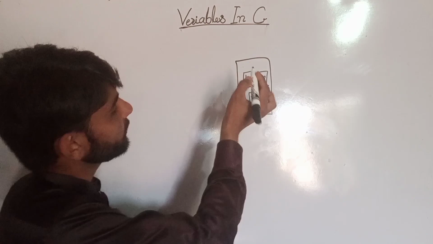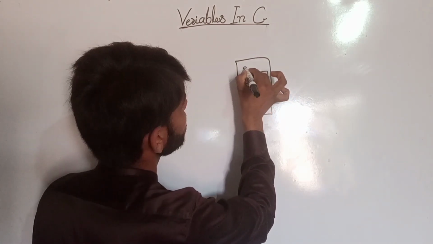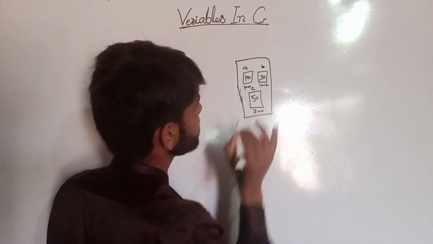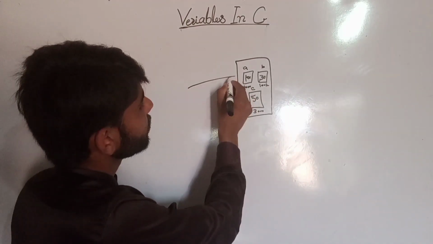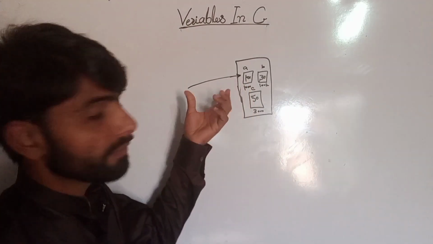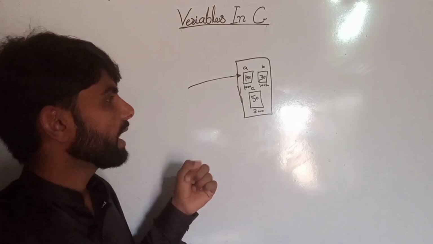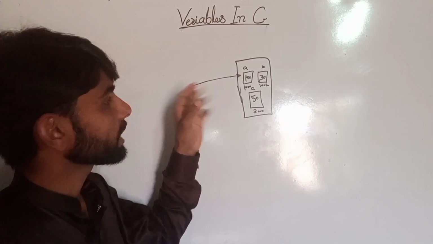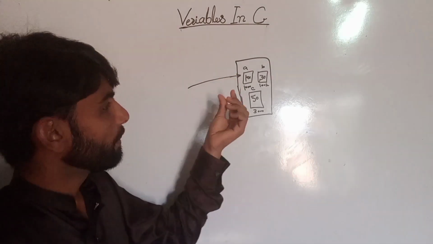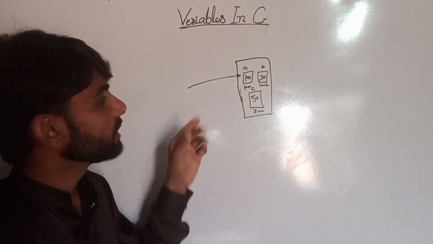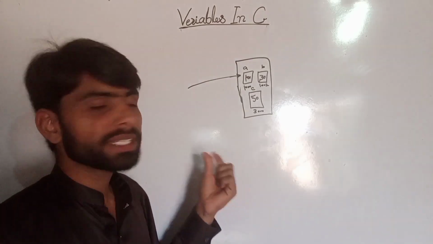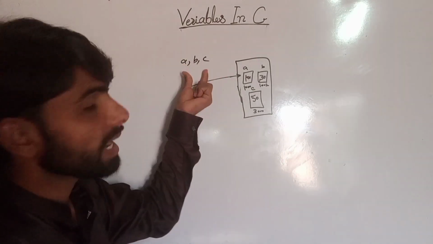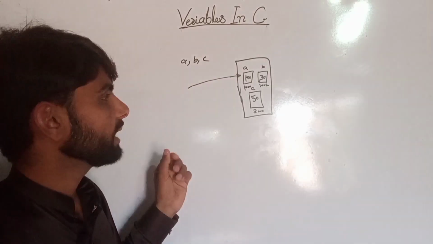So if the user gives the names A, B and C, the user can easily access these values and perform any action on them by their names. Actually these names A, B, C are called variables.